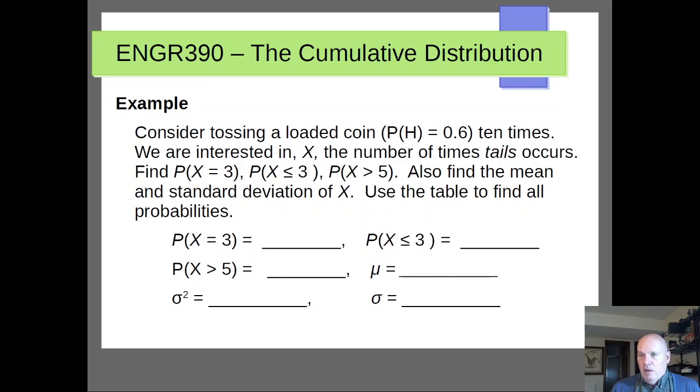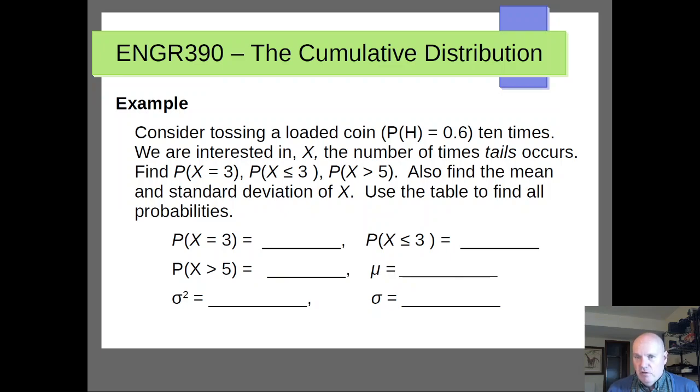And then here I'm asking you to use the CDF table that you can download from the website to find the probability that you throw 3 tails, that you throw 3 or fewer tails, or that you throw more than 5 tails in tossing this loaded coin 10 times.